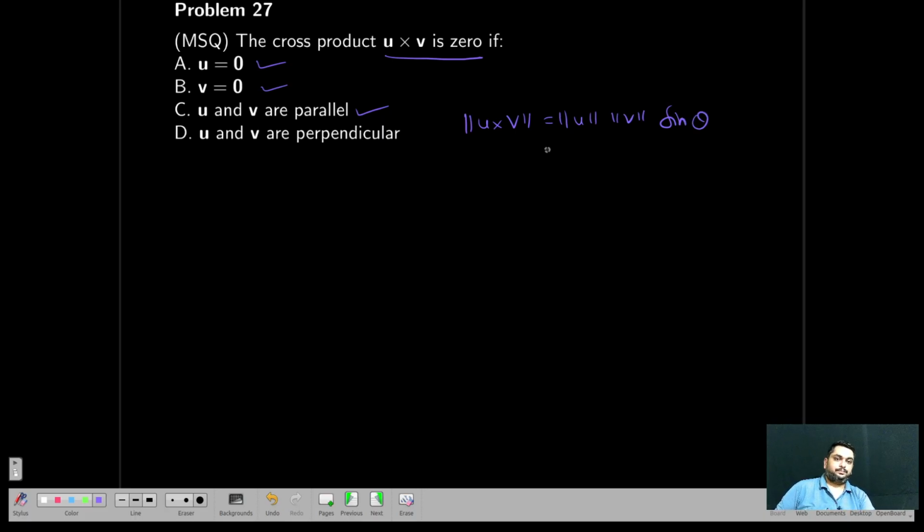So when can this be 0? This can be 0 when this is 0, or this is 0, or sin theta is 0. Sin theta is 0 only when theta is equal to 0 degrees, right? Theta equal to 90 means it's perpendicular, so it will not be 0. So they are parallel.